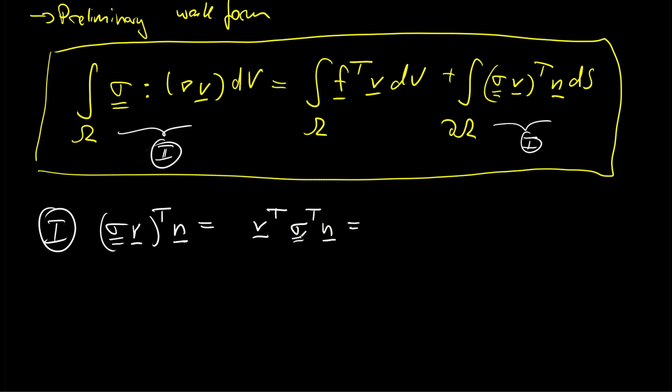And then we know that sigma is symmetric, so this is equivalent to v transpose sigma times n. And then we know that sigma times n is exactly the traction vector. So this one is defined as the traction vector, which is the way we would prescribe Neumann boundary conditions. So we would get v transpose t.